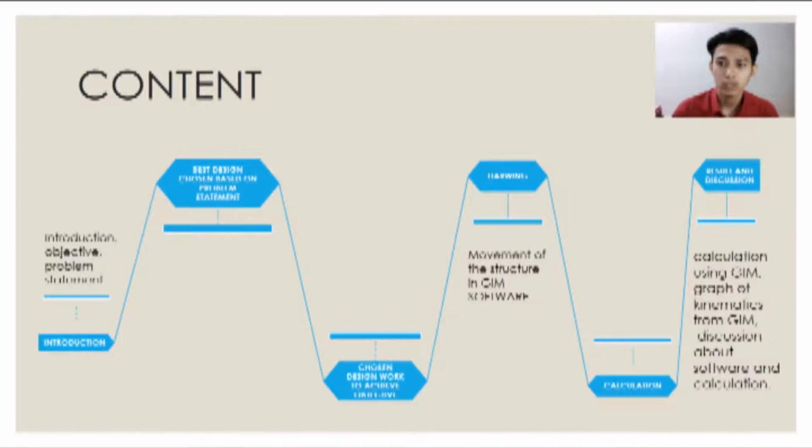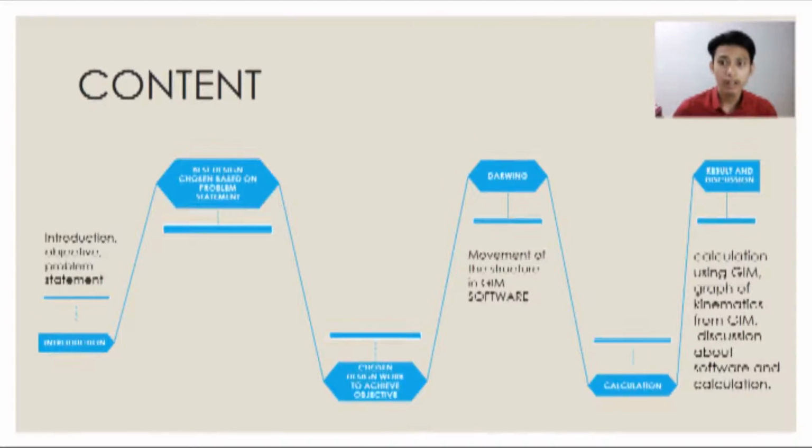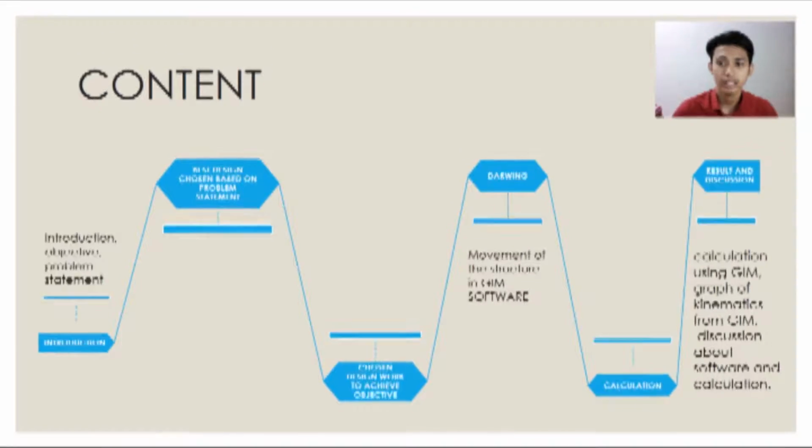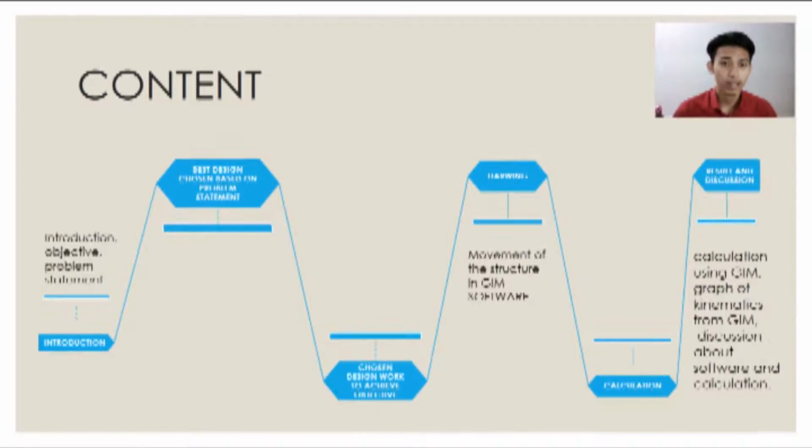The next one is the drawing, which includes the movement of the structure in GIM software, and another one is calculation. For the last one, the result and discussion will include the calculation using GIM, graph of kinematics from GIM, and a discussion about the software and the calculation.